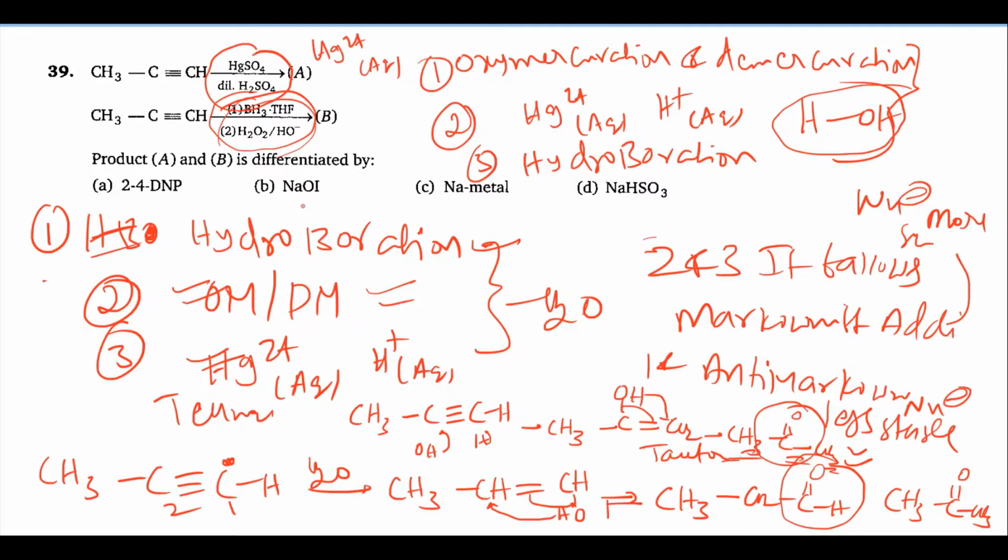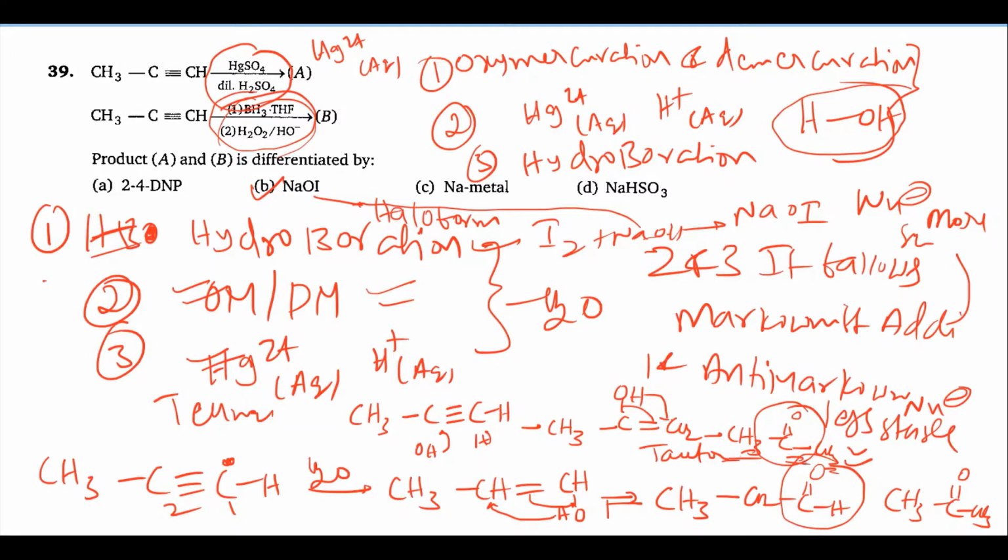You can see option B is the correct answer. Very, very important: what reaction is it? Haloform reaction. Why is this a haloform reaction? I2 and NaOH give NaOI, so that's why it is a haloform reaction.